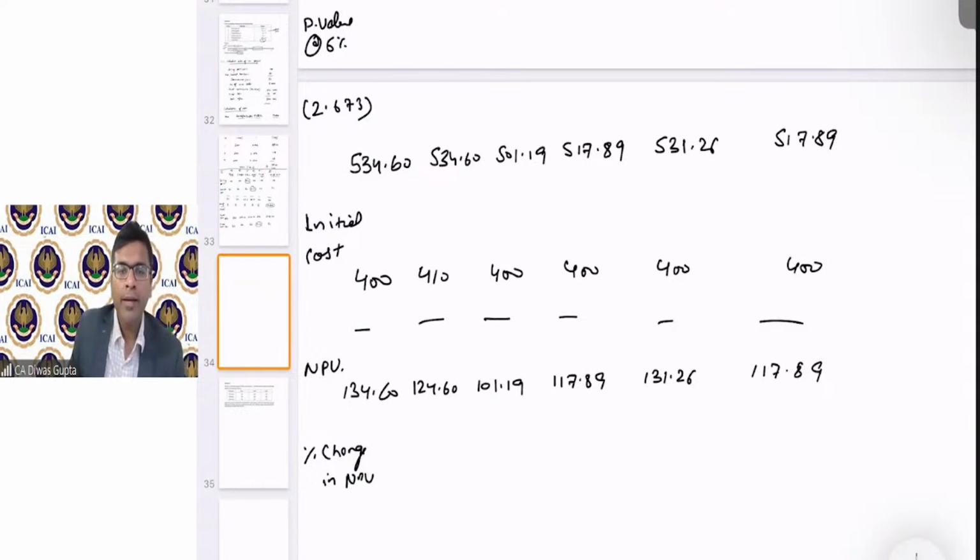So how we will calculate? So the base, we will compare everything with the base case. So 124.60 minus 134.60. That will give us the change. So 124.60 minus 134.60.